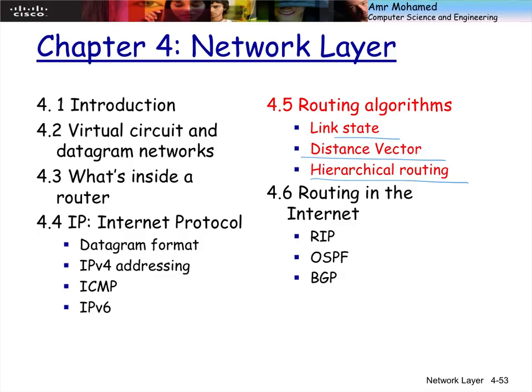Each tier can either use distance vector or link state routing. So in one tier I could use distance vector, in one tier I could use link state. So you can consider it a hybrid approach between link state and distance vector. Okay? So we need to know the fundamental difference between link state and distance vector and what are the pros and cons for each one.